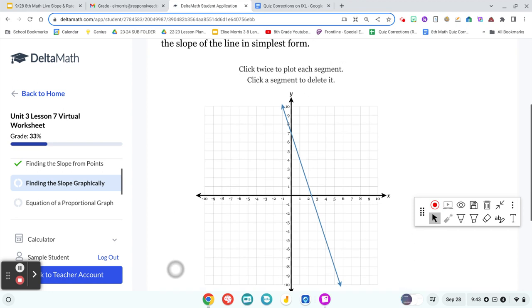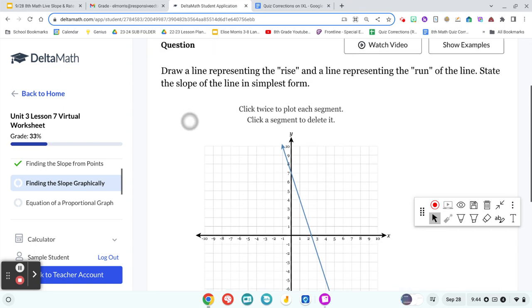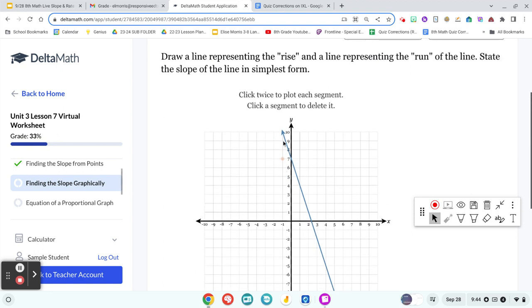Finding the slope graphically. Okay, so it says draw a line representing the rise and a line representing the run. And in order to draw a line, we need to click twice. So we need to find 2 points on this line here. If you try to click there on the blue line, it won't click. It's helping you out. It's saying, no, that won't help you.